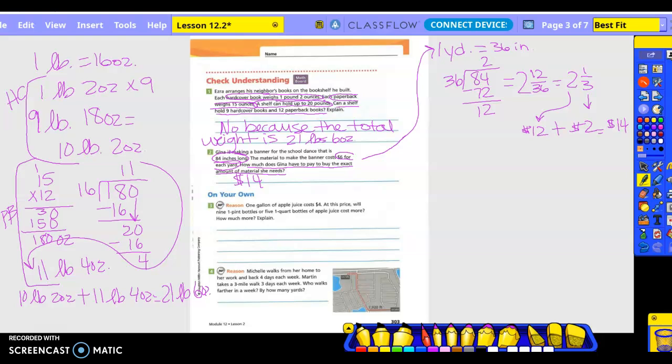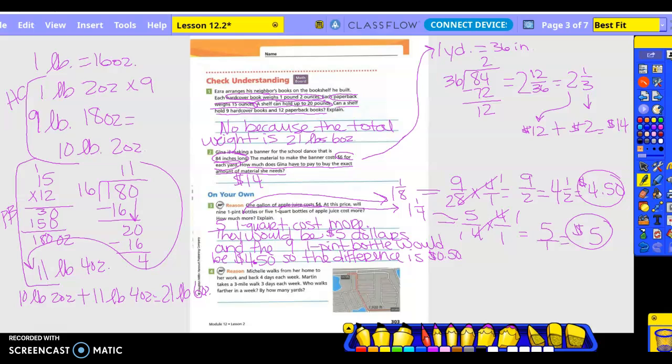How much more? Explain. So we showed our work over to the side, and we said that you would have 9 eighths because there are 8 pints in a gallon. So we took that times 4 for the dollars, simplified, and got 4.5, which we said would be $4.50. Then there are 4 quarts in a gallon.